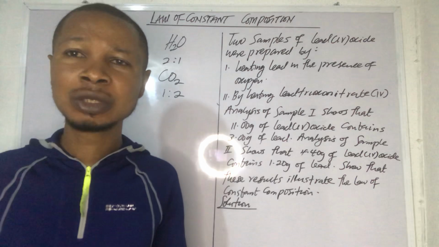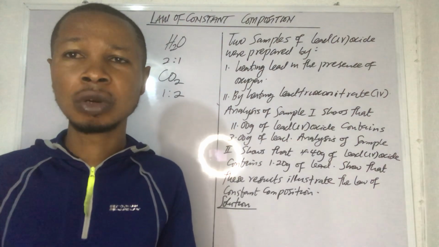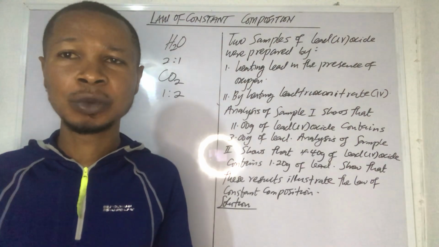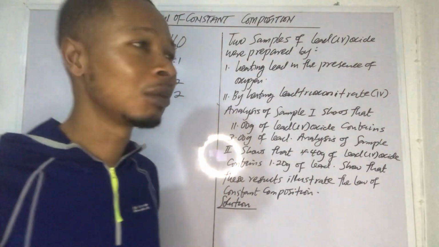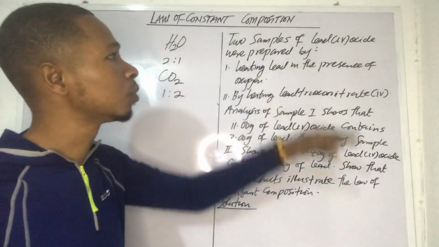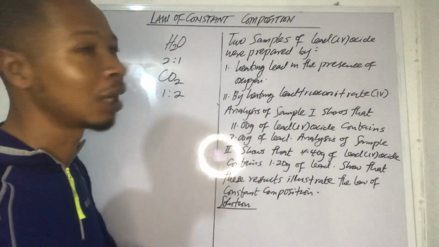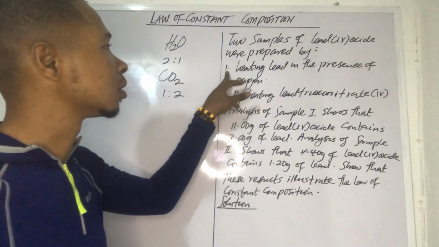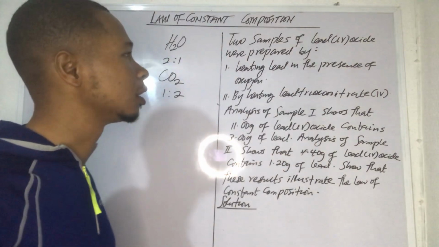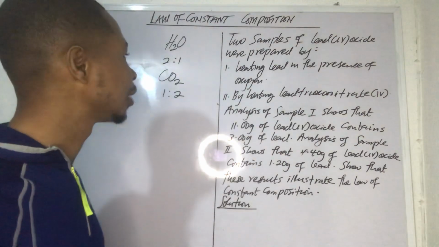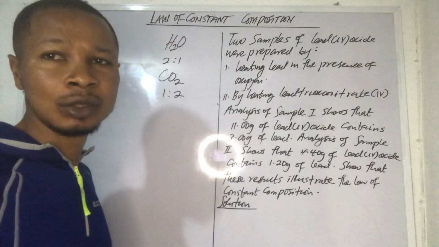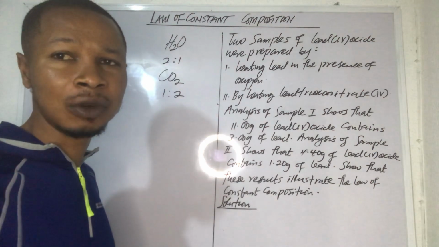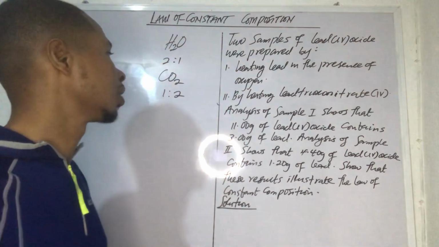There are calculations that you can use to show or prove the law of constant composition, like the one you have on this board. So let's look at this example. Two samples of lead(IV) oxide were prepared by, one, heating lead in the presence of oxygen, and two, by heating lead(II) nitrate. Two methods of producing lead(IV) oxide.